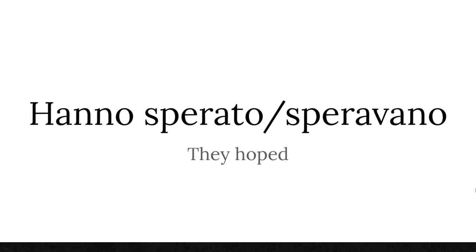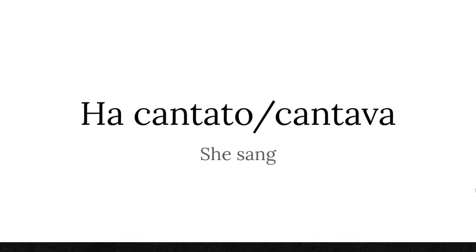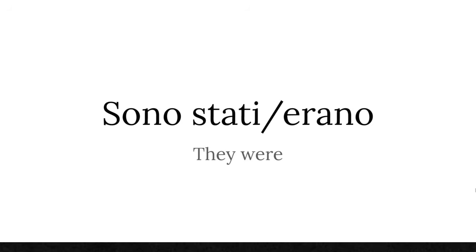They hoped, hanno, to hope is sperare. They hoped, hanno sperato. Imperfetto, speravano. So maybe the most difficult thing actually when talking about the imperfetto is the pronunciation, especially for they. Speravano. Okay? She sang, ha cantato. Imperfetto, cantava.